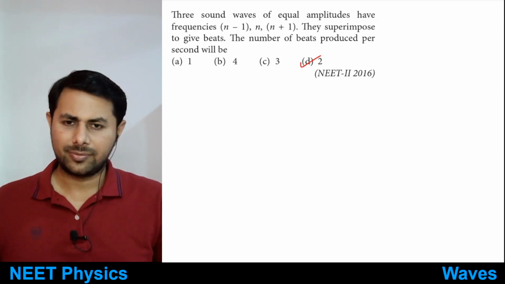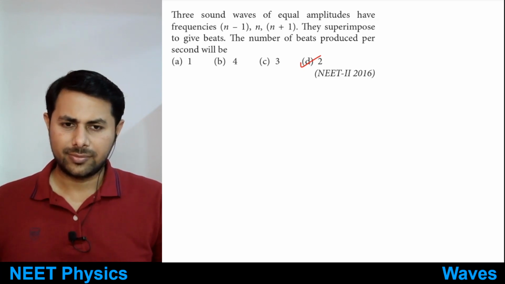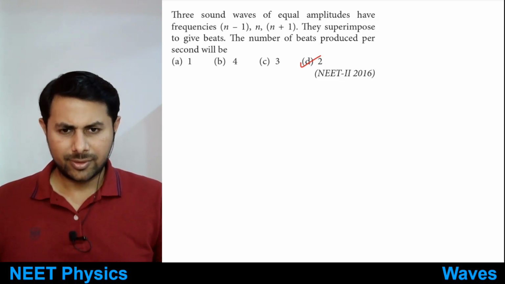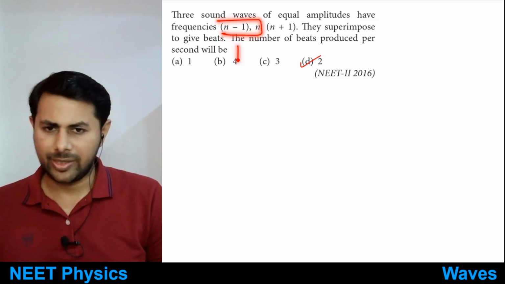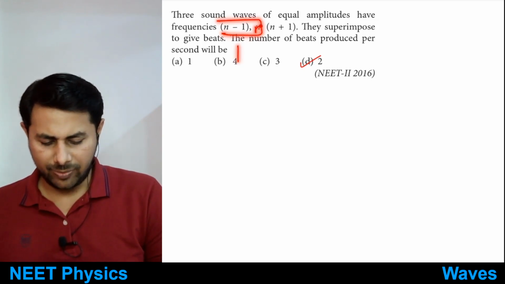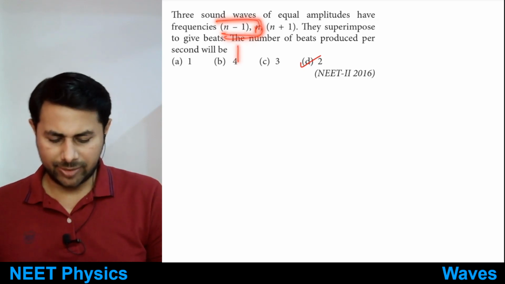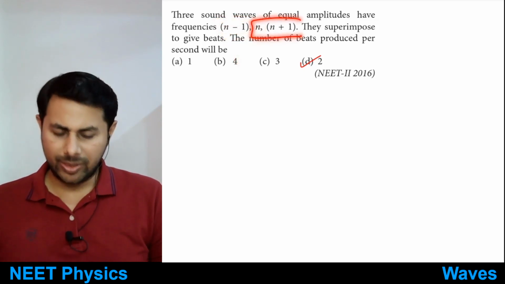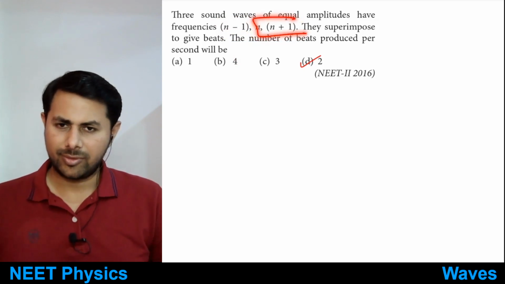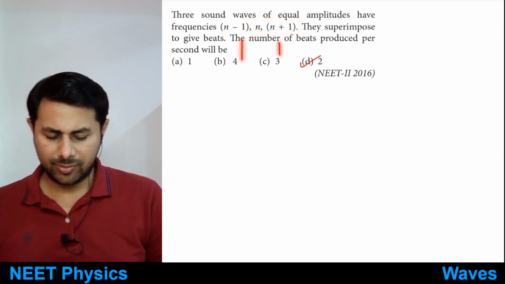Right. Purna, this is clear? Question in the screen, this n forms one beat with the first one, first frequency is n minus 1, and it forms one beat with the next one. Okay, so 1 plus 1 means 2 beats.